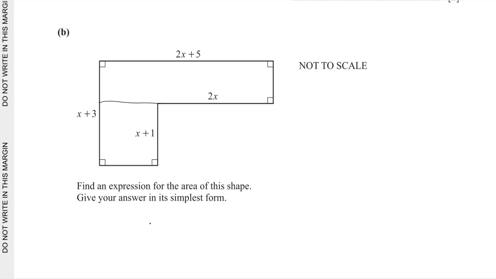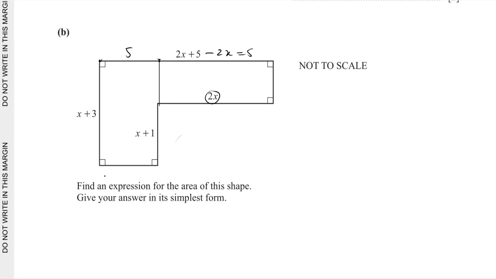Or it's better if we just draw a line on this side, and since this is 2x and this whole length is 2x minus 5, we just have to subtract this 2x from the total side. Subtract 2x, and this is going to give you 5. So this side length from here to here is equal to 5.